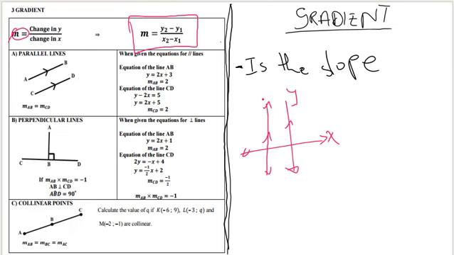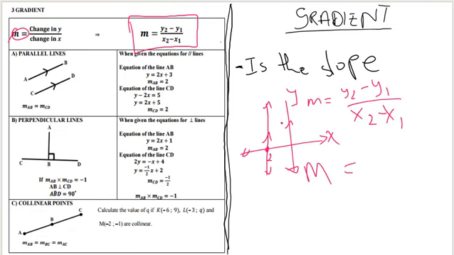Remember, x is the same all along this line, because if x is 2 here, then x2 is 2 and x1 is 2 as well. So focusing on this formula, m is y2 minus y1 over x2 minus x1.